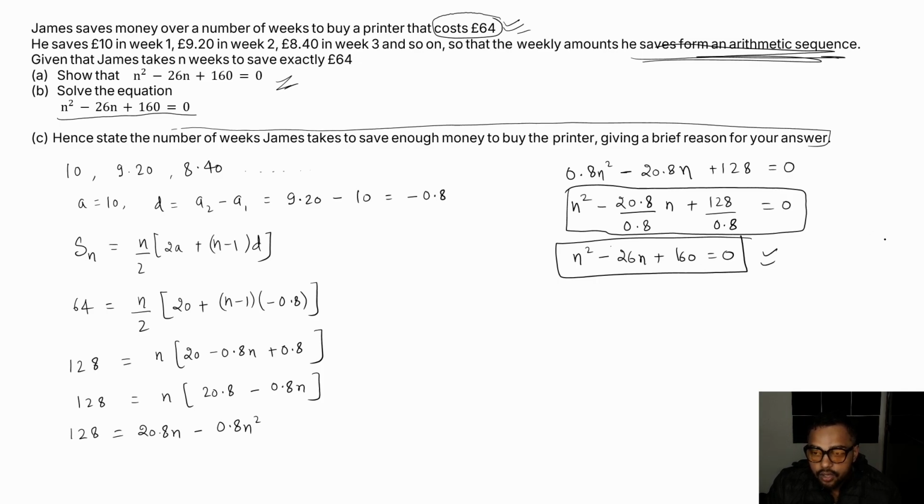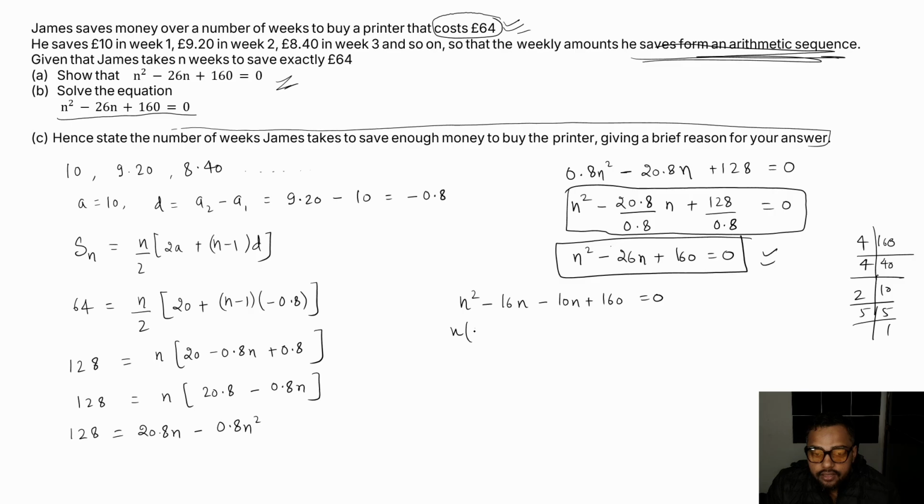So for 160, we can take the prime factors of 160 by dividing the numbers. So this 26 could be written in the form of minus 16n minus 10n plus 160 equals 0.